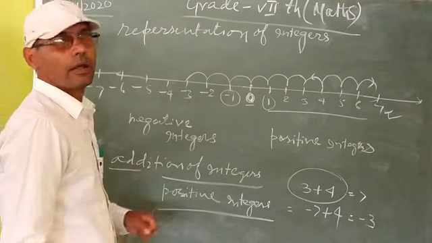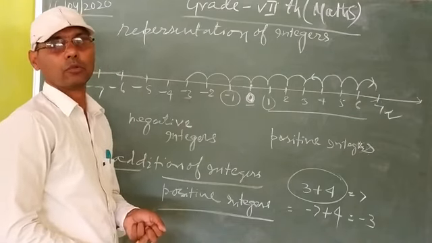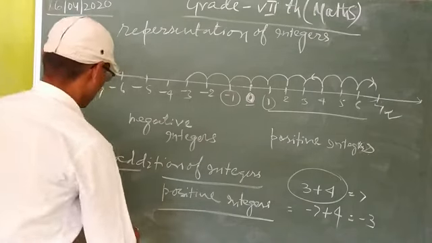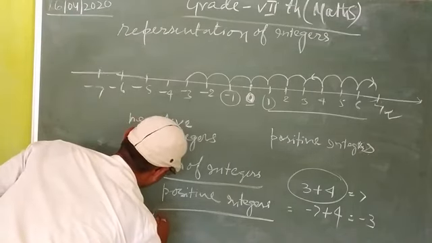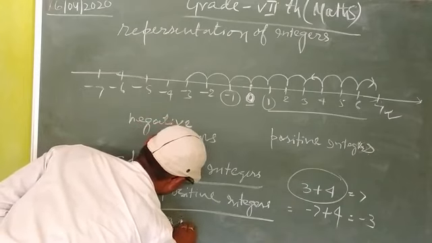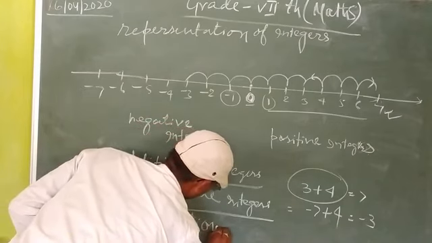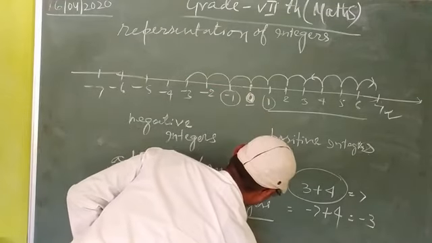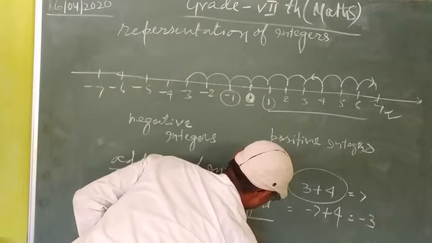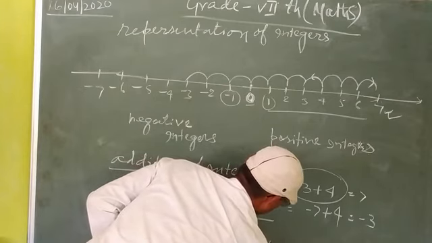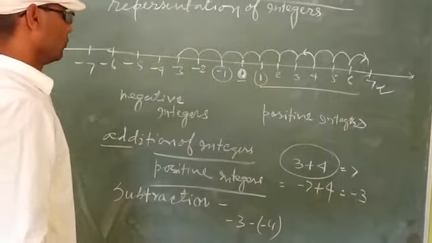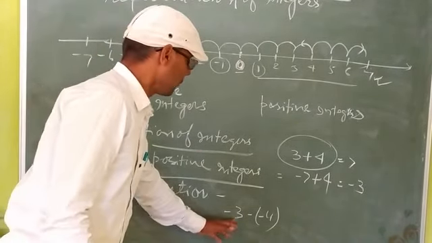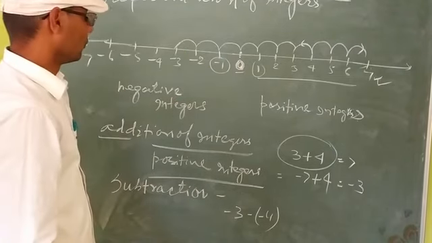But if we add or subtract two integers on the number line, then what will it be? Look here, subtraction. Suppose -3 and -4, two negative integers: -3 minus -4.